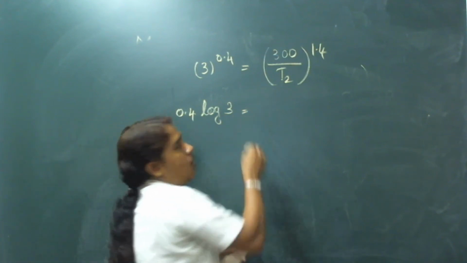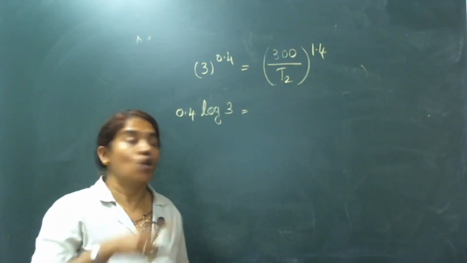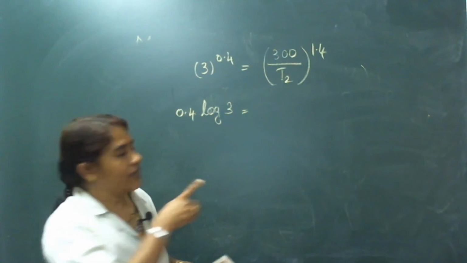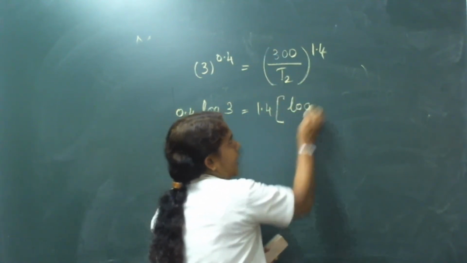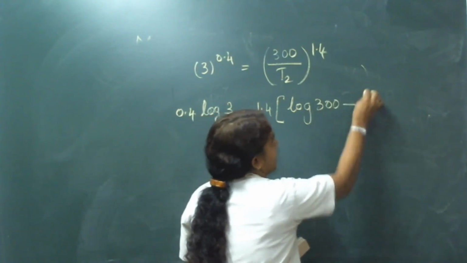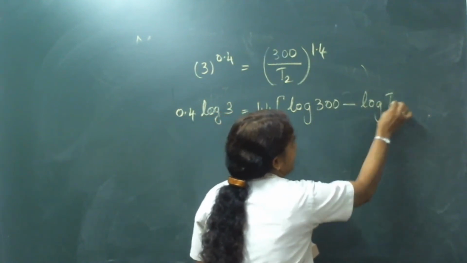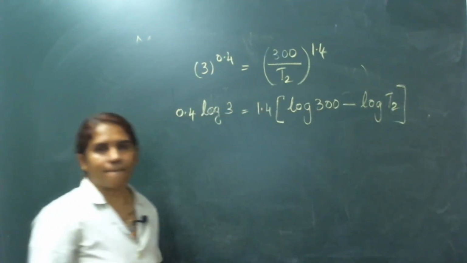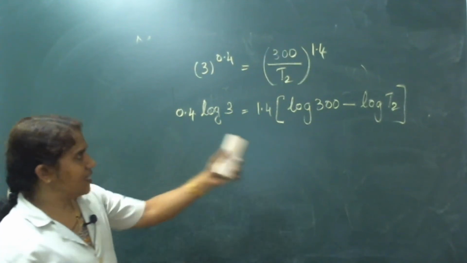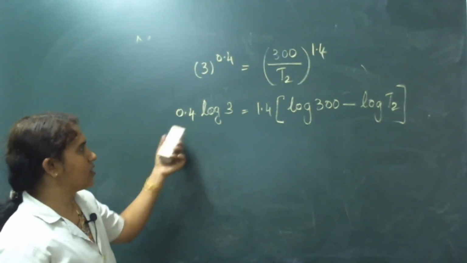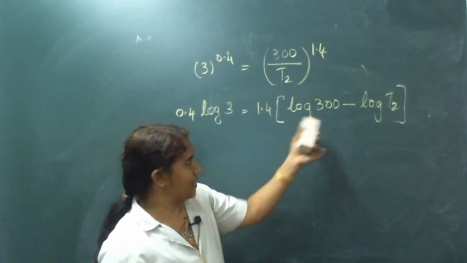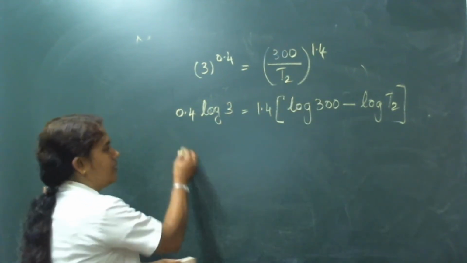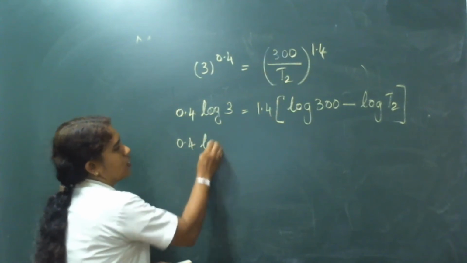Here it is 1.4 into log of 300 by T2, that is 1.4 into log 300 minus log T2. After taking log 3, we can multiply, and the bracket can be opened.